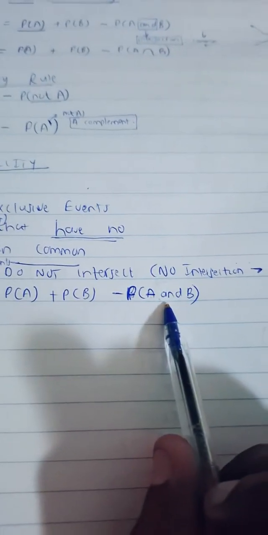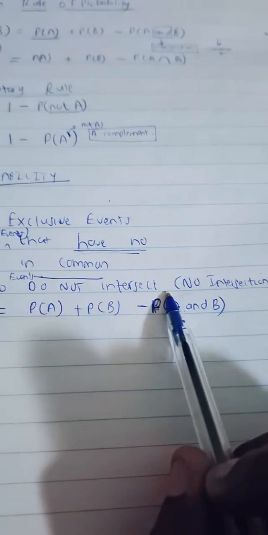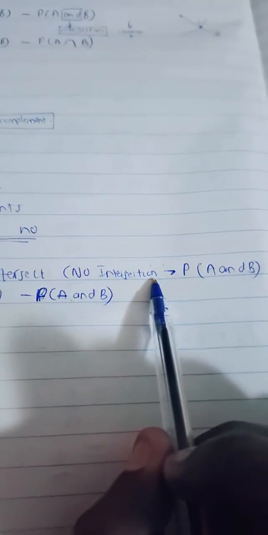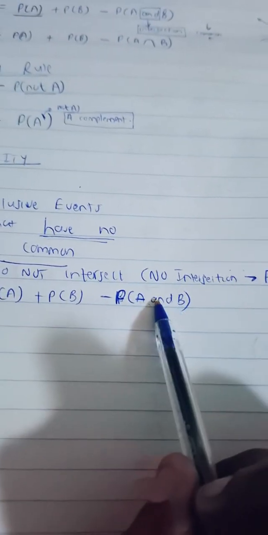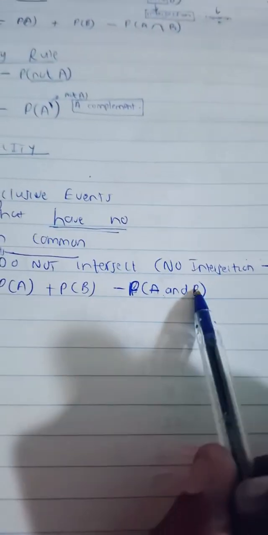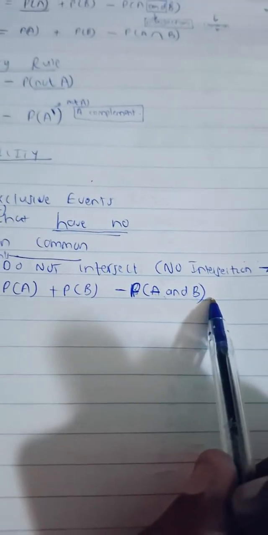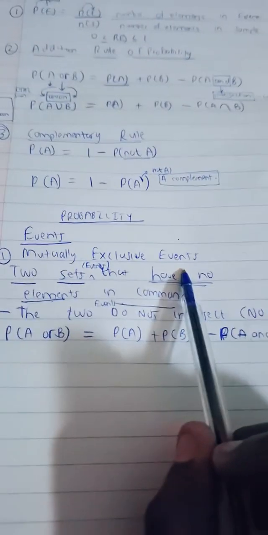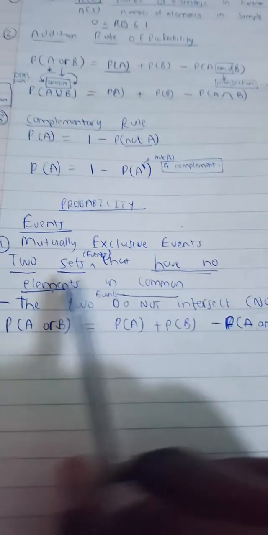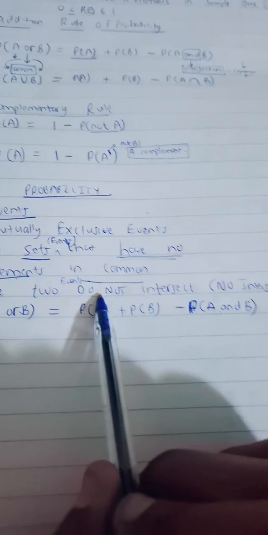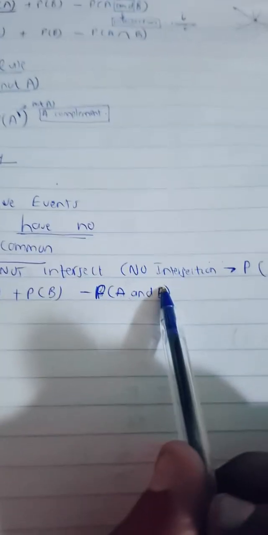So if there's no intersection, guys, what does that imply about the probability of A and B? Does this probability of A and B even exist? If there's no intersection, what is the value of the probability of A and B? We are told that for mutually exclusive events, the two sets of events have no elements in common. They do not intersect. If they do not intersect, what is the intersection value?